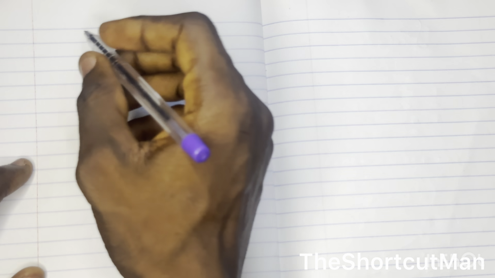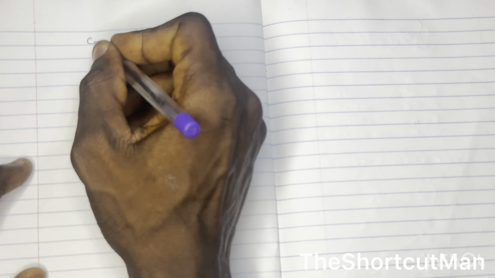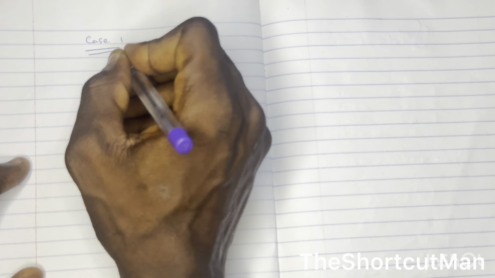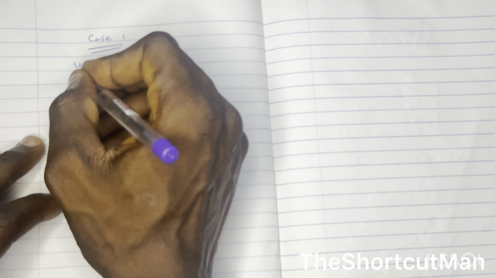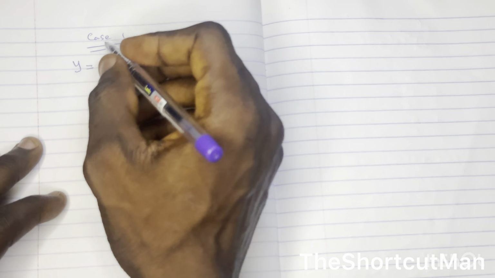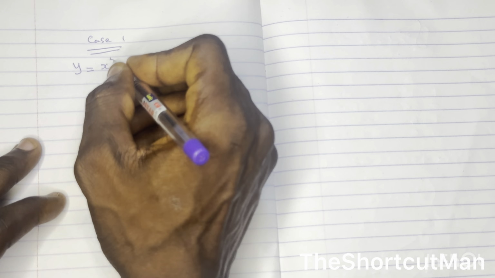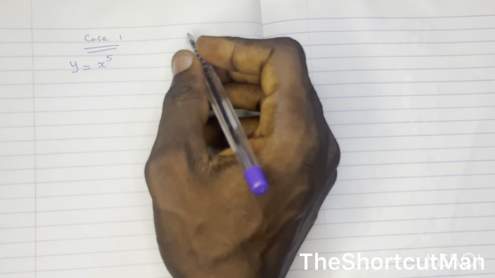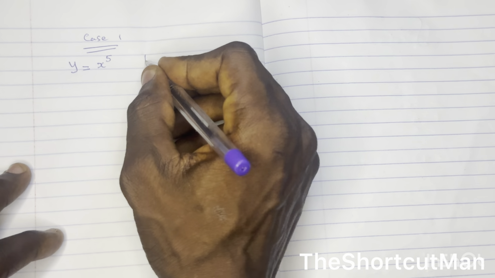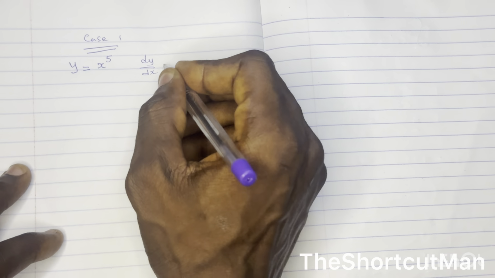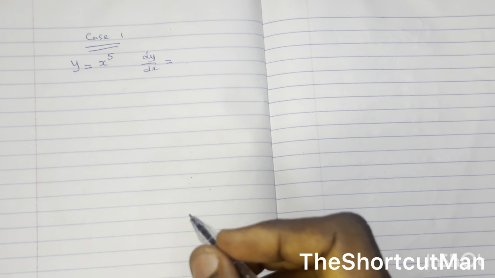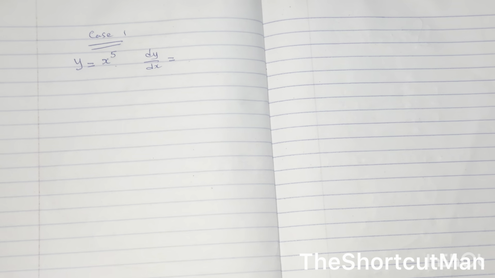Now, I want to go to case 1 first. Under differentiation, case 1: if they give you something like y equals x raised to the power 5, they can ask you for dy/dx. That is, you have to differentiate y with respect to x.